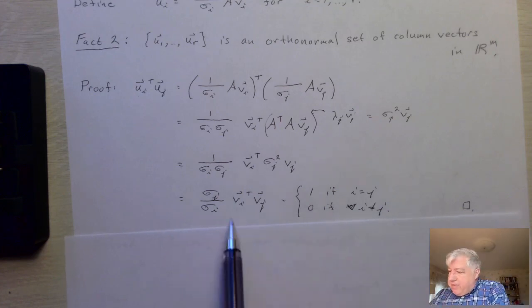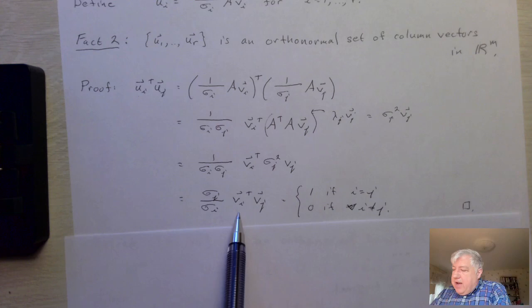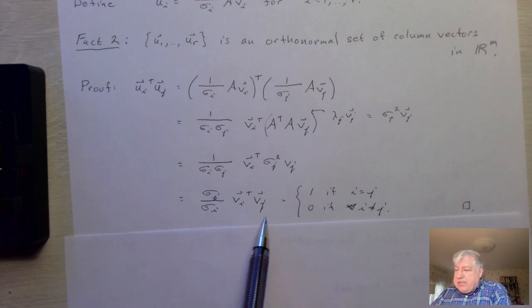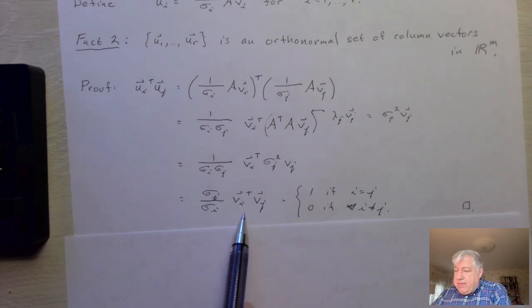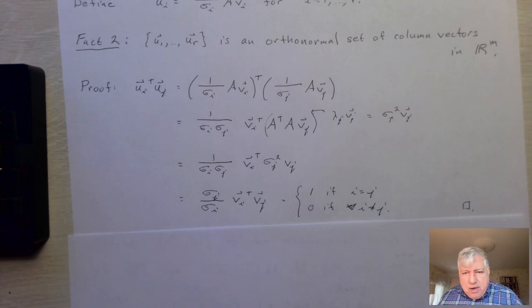And remember that v_i and v_j are going to be orthogonal to each other if I is not j, and it's going to be equal to 1 if I equals j, because we know the v_i's are orthonormal.